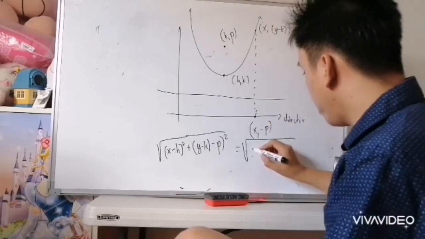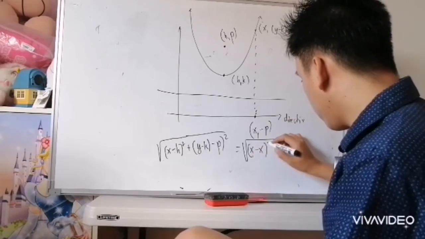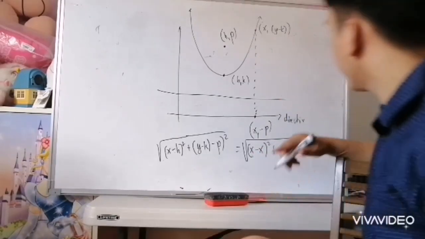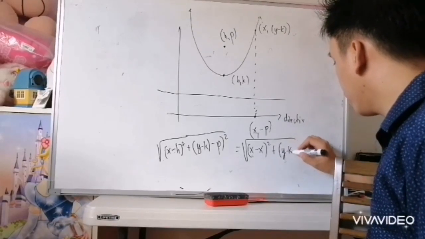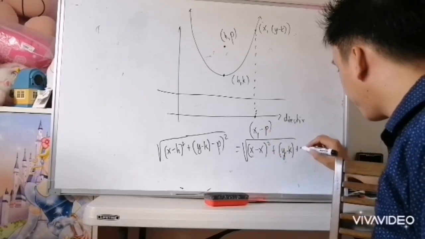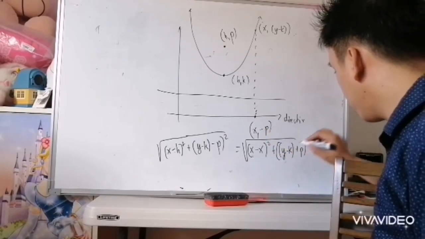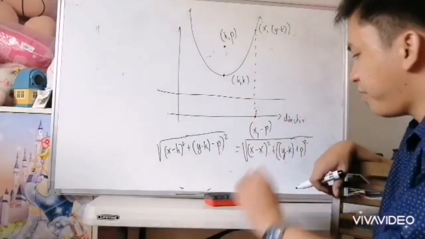So I have x sub 1 minus x sub 2 plus y sub 1 minus negative p, so I'll have plus p here. Okay? So let's simplify this equation.